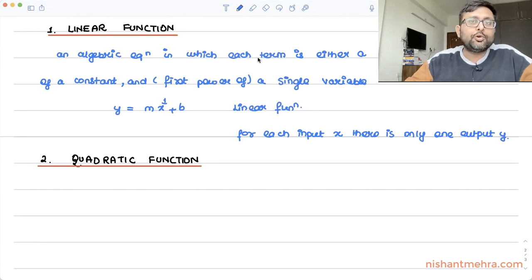So for example, y is equal to ax square plus bx plus c. So you have the variable x also, you have x square also.